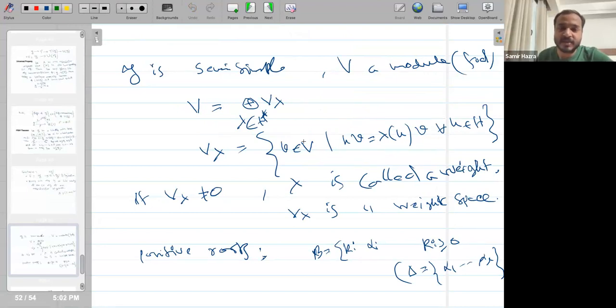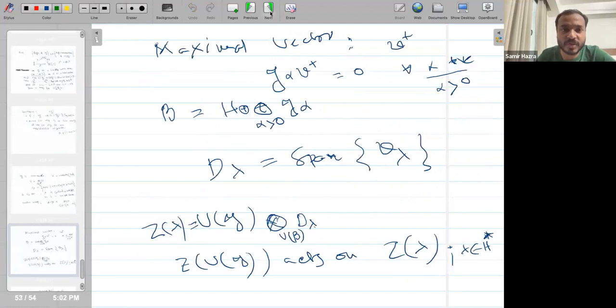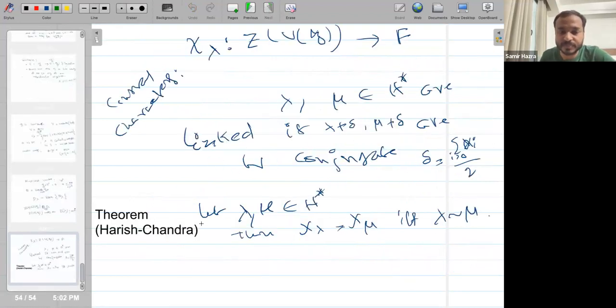So I wanted to reach this Harish-Chandra's theorem. We know that H is a Cartan subalgebra inside, let's say, G, where G is the semisimple Lie algebra and H is the Cartan subalgebra. Then there is something called I lambda.